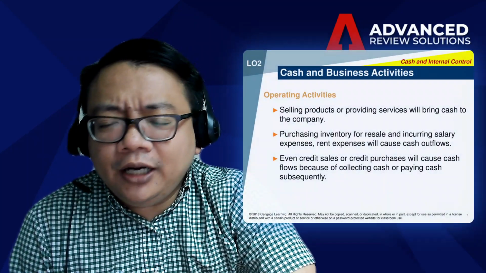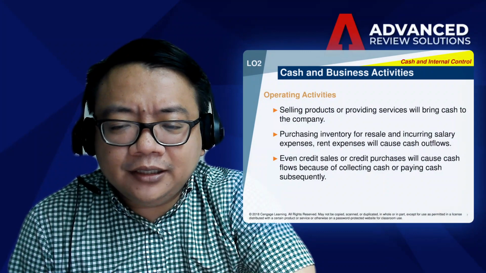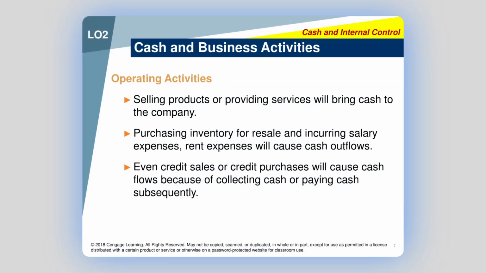So what are some examples of operating activities? You sell your products, you provide services that will bring cash to the company. So these are the samples. Earlier was more general.